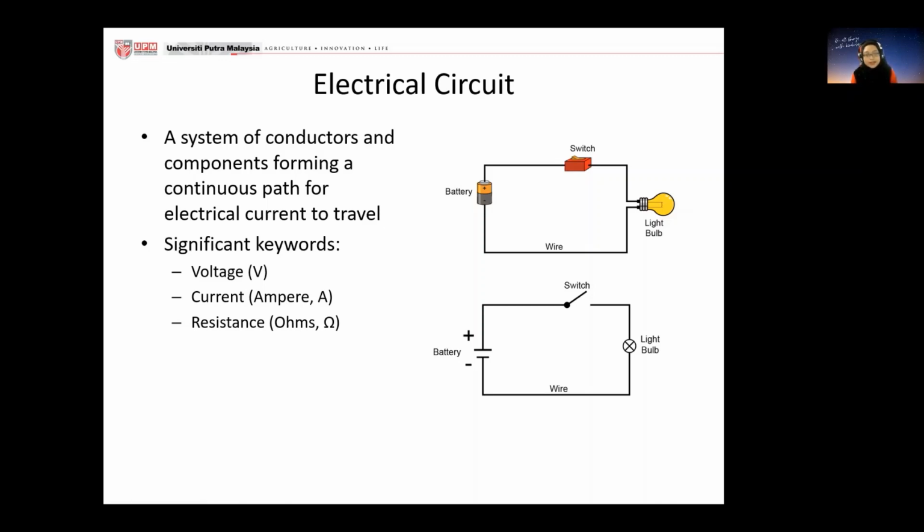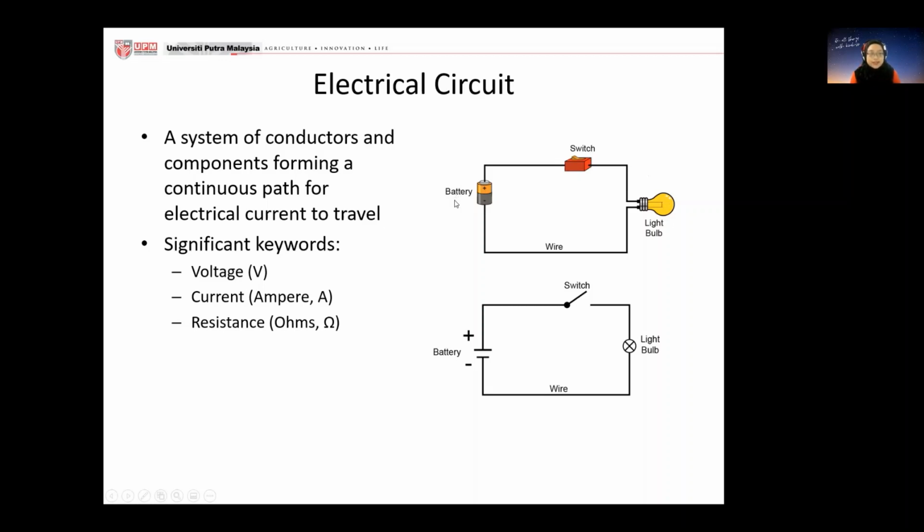It must be connected. All of this must be connected. And of course, there are the significant keywords: you have voltage, you have current, you have resistance. So if you look here, you have a switch, you have a load here, which is in the form of a bulb. You have your wire, and you have your power source, which is the battery.